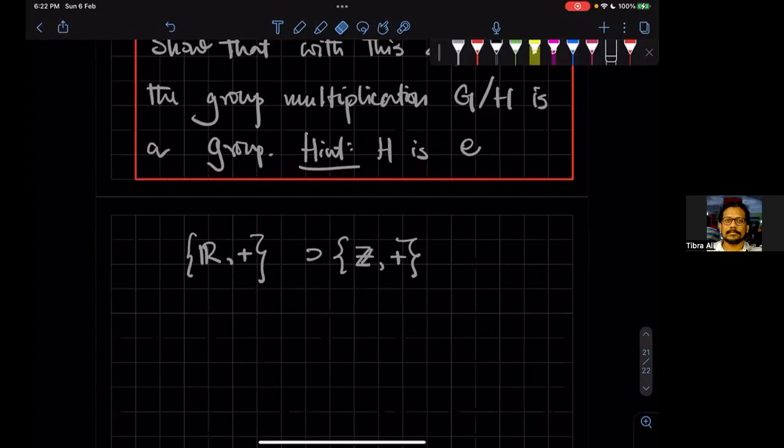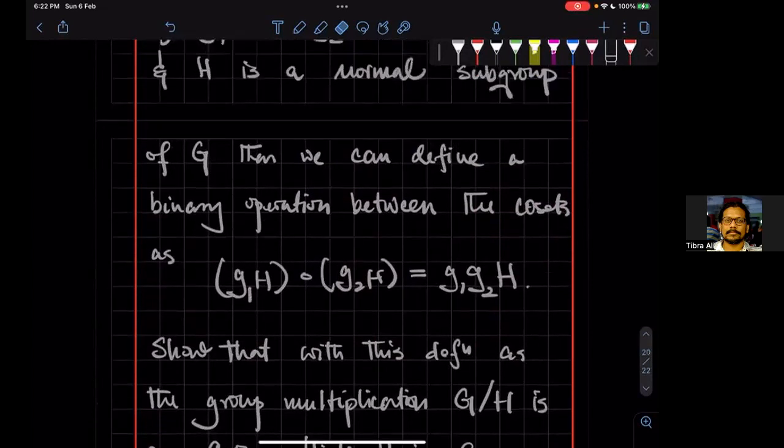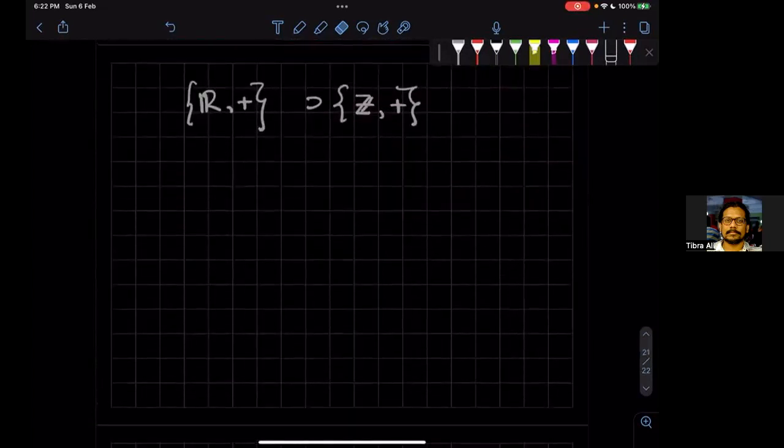Okay, I have a question. I didn't exactly get the definition of a normal subgroup. Yeah, so okay, let's go over that. Suppose that H is a subgroup of G, okay?